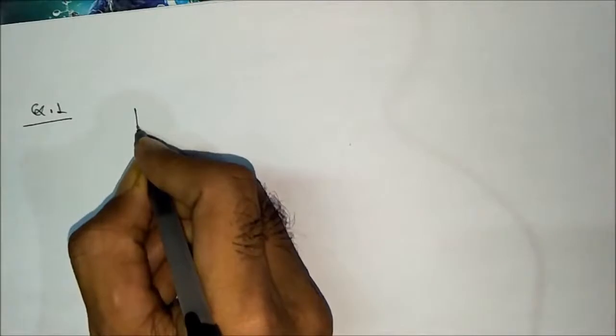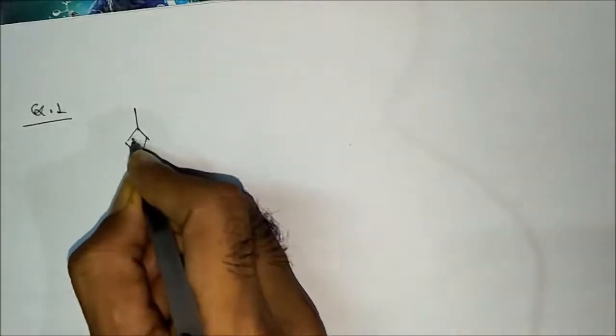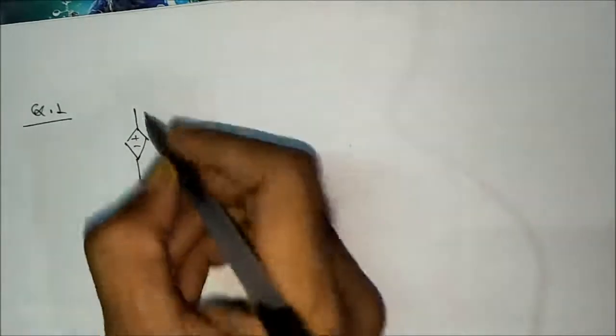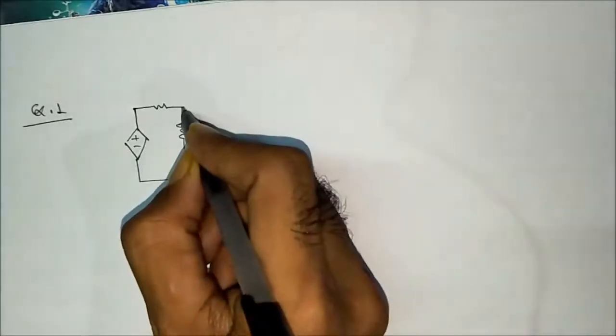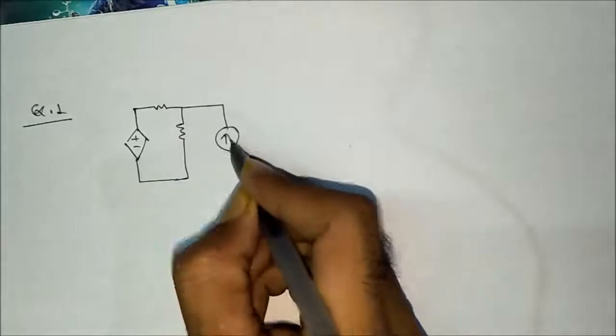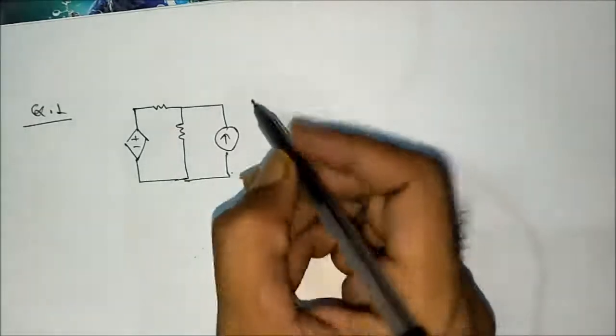So I am taking this question. See how I'm going to apply this theorem. Let's take this example. It's a GATE problem. There is a dependent source. This is 1 ohm. This is again 1 ohm. This is a current source.